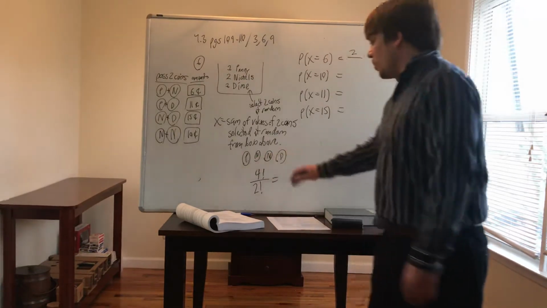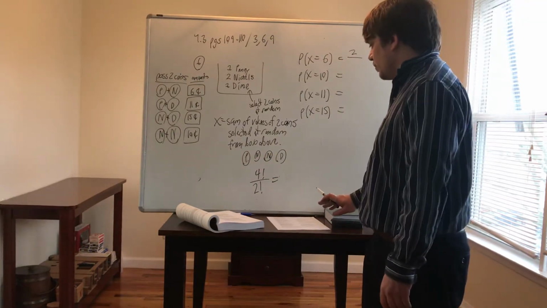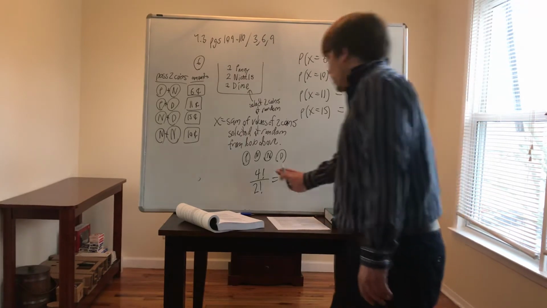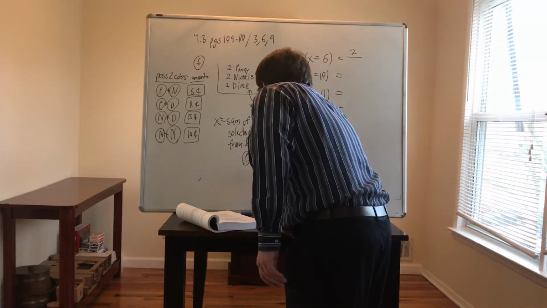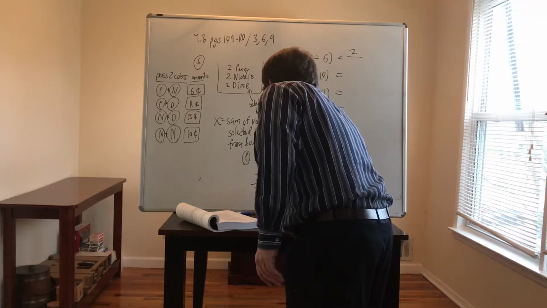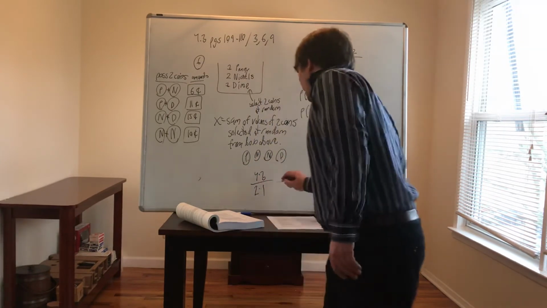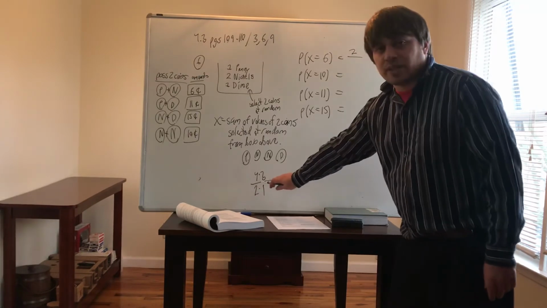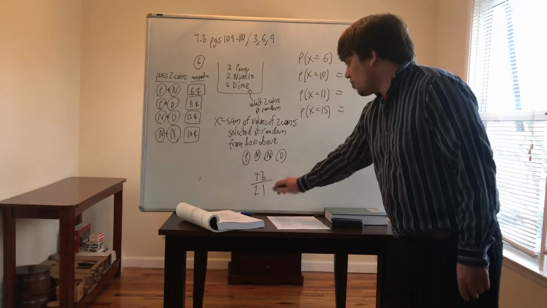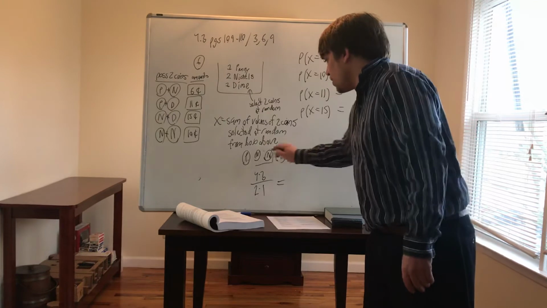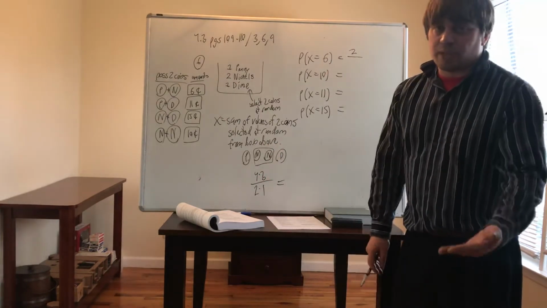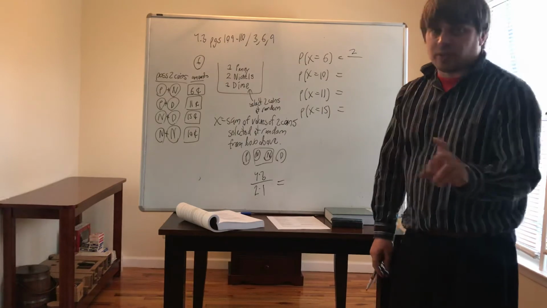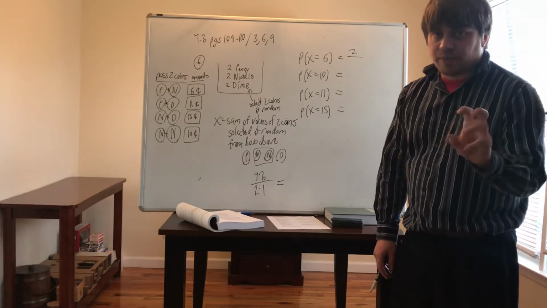Wait, sorry. It's 4 times 3 over 2 times 1. Because there's 4 coins, you have 4 choices for the first coin, then 3 for the next coin. But you have to divide by 2 times 1 because 2 coins are identical, the nickels, and so you're actually counting twice.